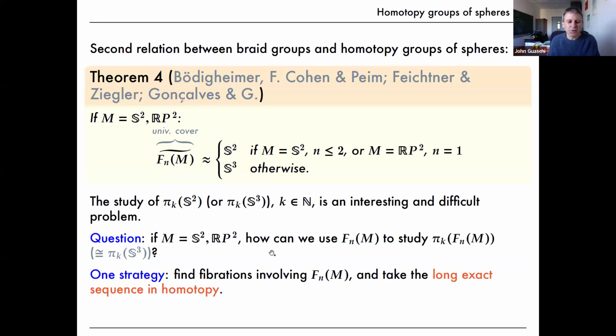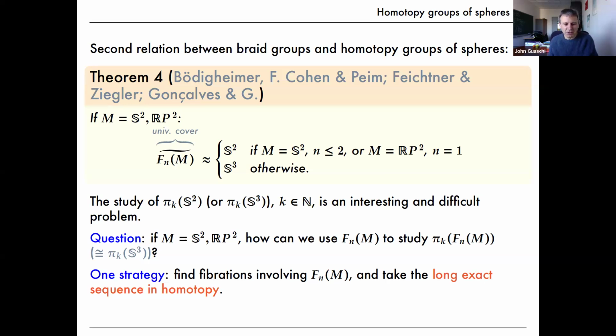So one strategy, if we want to relate these groups and these spaces, might be to say, well, we could try and look for fibrations involving this configuration space, and then take the long exact sequence in homotopy and see what we find.